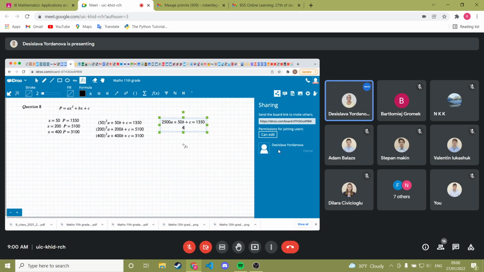Then 40,000A plus 200B plus C equals 5,100 and 160,000A plus 400B plus C equals 3,100.